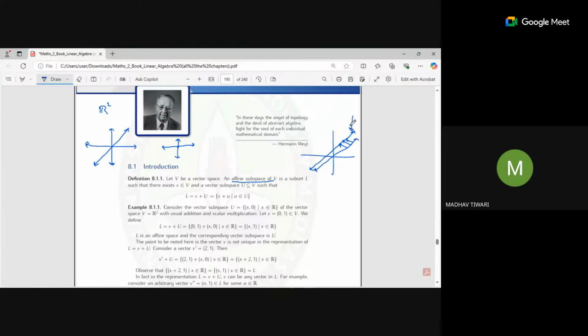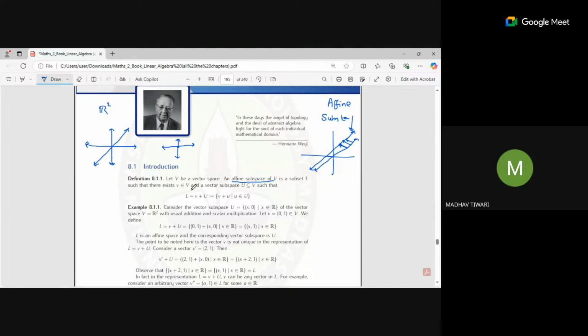This is my affine subspace. This vector that is translating, we sometimes call it the translation vector. It defines how much and in which direction our points are going to be translated.